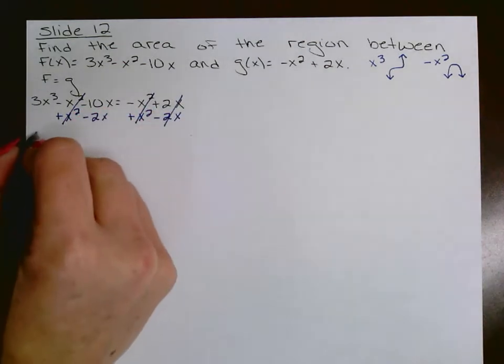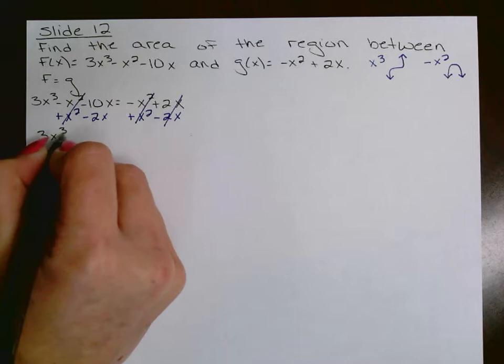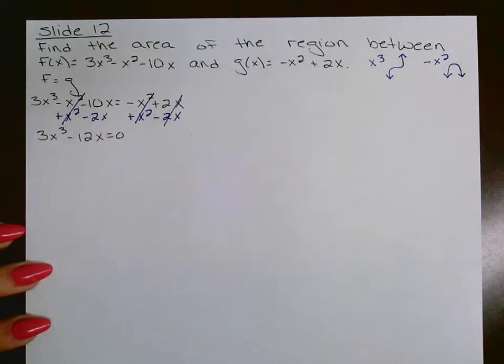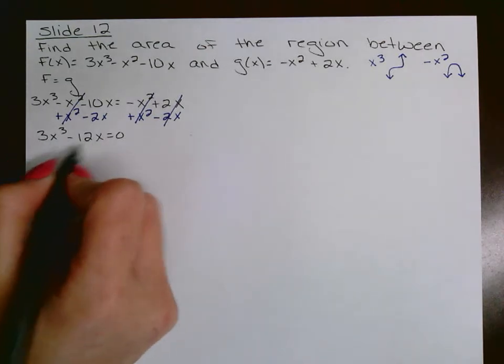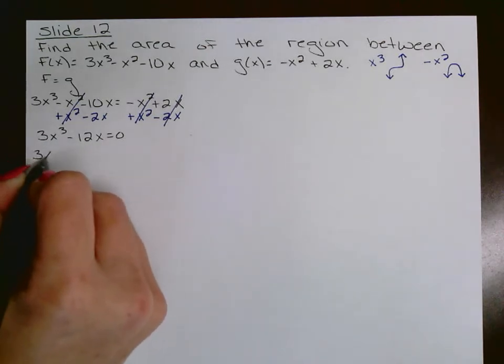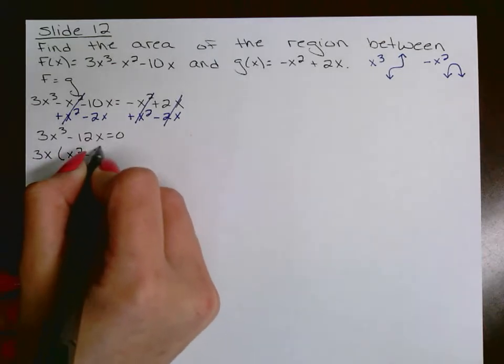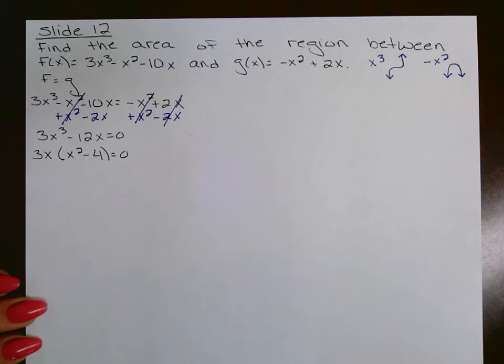So now I have 3x cubed minus 12x equals 0. All right? What is the next thing that I can do? Beautiful. I can factor out a 3 and an x. And I'm left with x squared minus 4 equals 0.